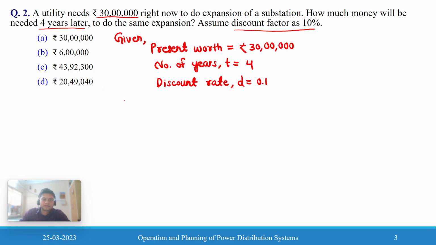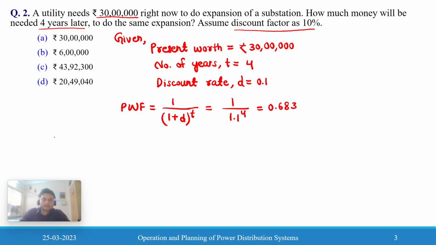So how can we find the present worth factor? PWF is 1 divided by (1 plus D) power T. So 1.1 power 4, it will be 0.683.